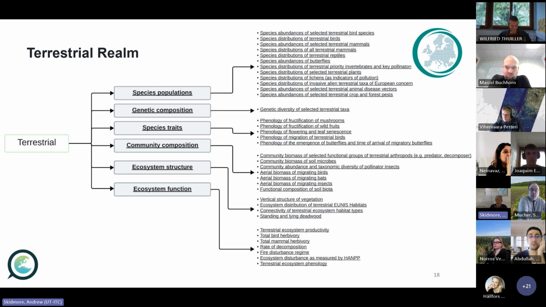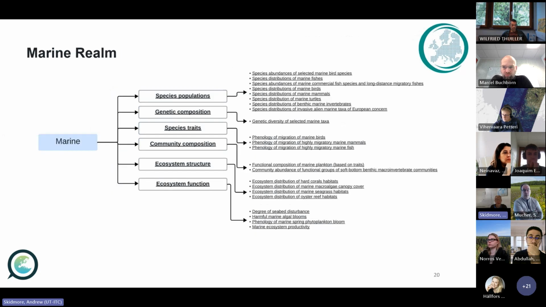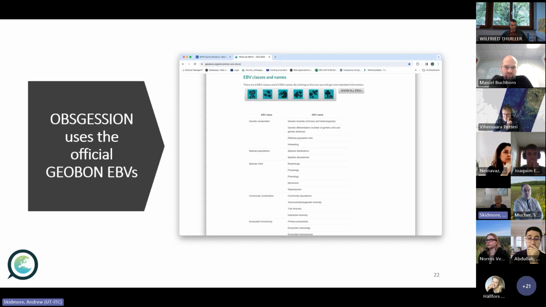So basically you're starting to get a system here which is very different and diverges quite strongly from the system that's proposed by GeoBON. Not a good thing. Marine, same story. Freshwater, same story. Lots and lots of EBVs are being invented. So we're proposing that Obsession uses the official GeoBON EBVs to be globally consistent with colleagues around the world, but we can discuss this.